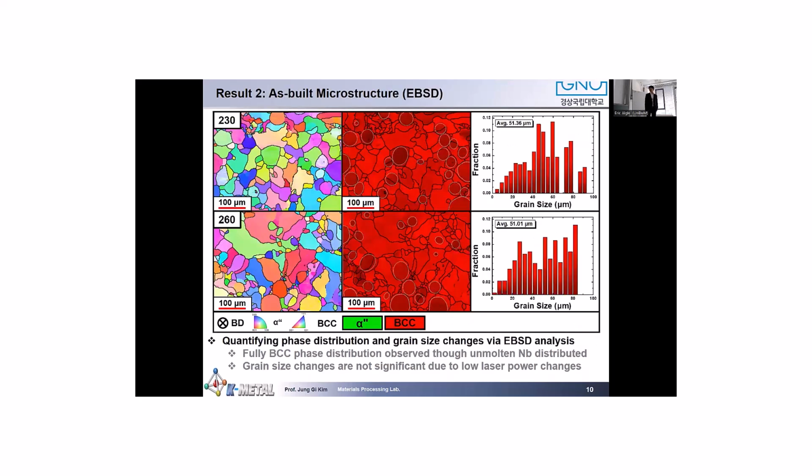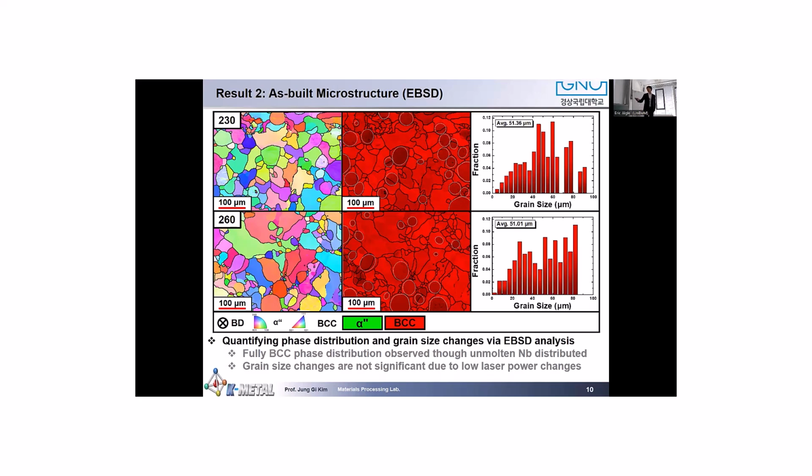And when we check the EBSD result, we can see a fully BCC structure because this alloy system has fully beta phases, and niobium also has a BCC structure. So that's why we can see the fully BCC phase distribution, while the unmolten niobium particles can be distinguished by image quality.